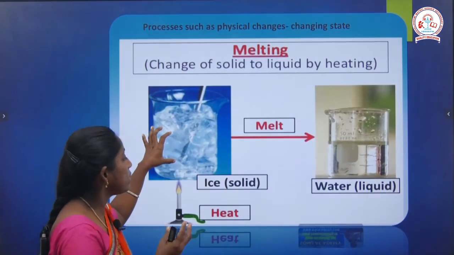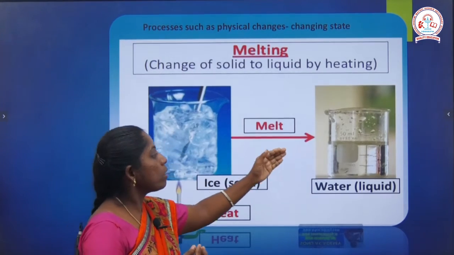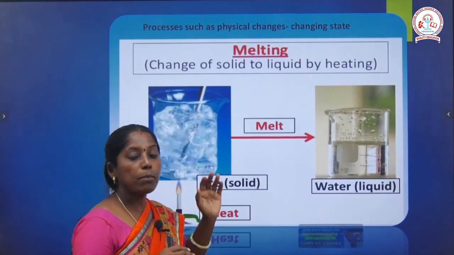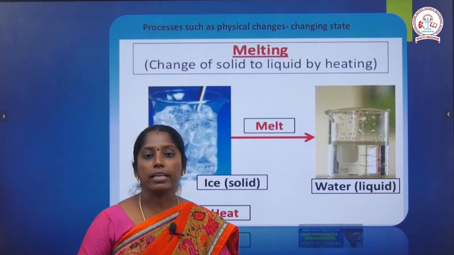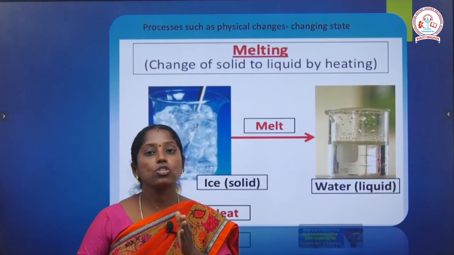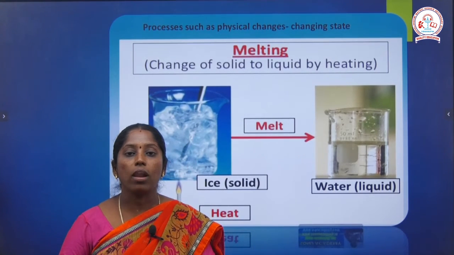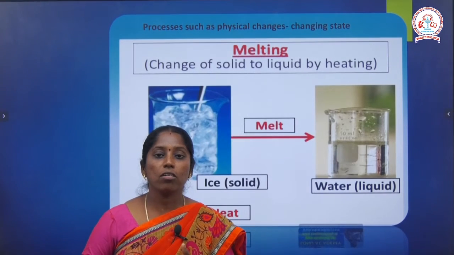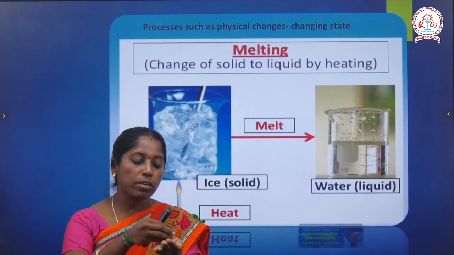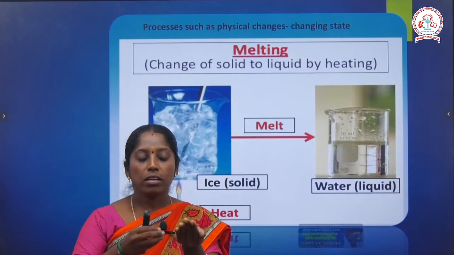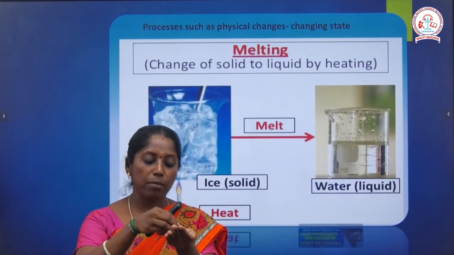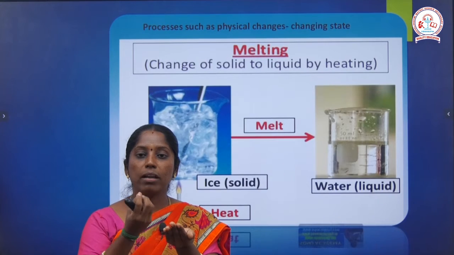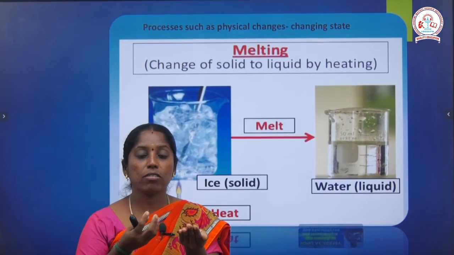When we heat solid ice, it changes into water. That process we can call melting. So solid changes into liquid, that process we call melting while heating. Even if we take an ice cube in the palm of our hand, what happens? Suddenly it gets melted because of our body heat, the temperature of our body.